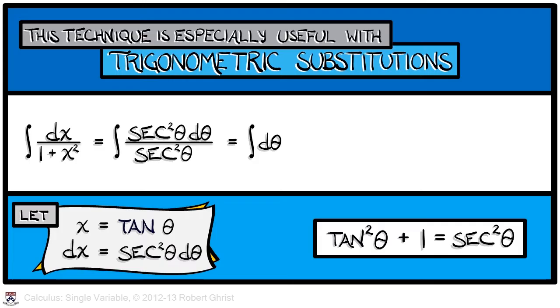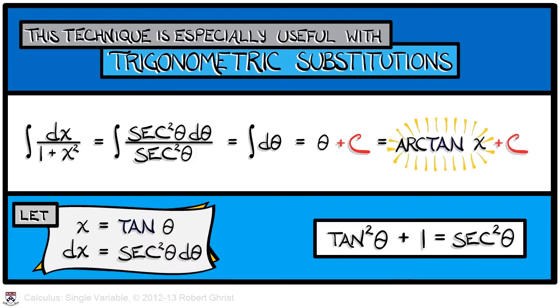These cancel, revealing the integral of d theta, which is simply theta plus a constant. Now, we have to substitute back in for x, which involves inverting that substitution. We obtain simply arctan of x.